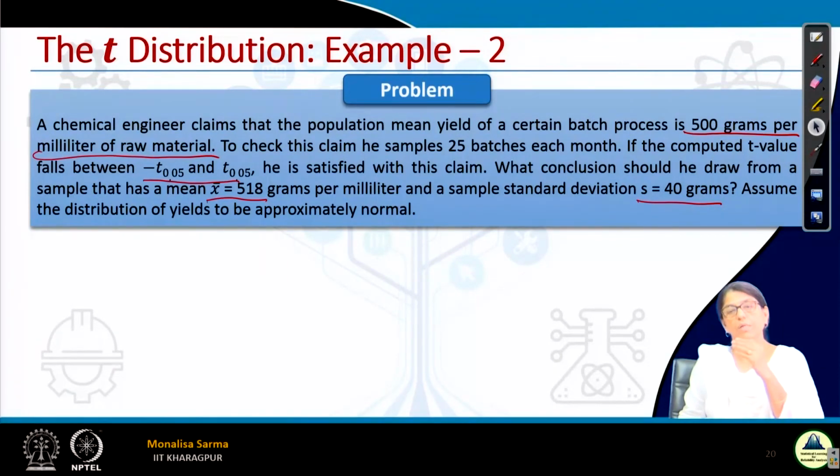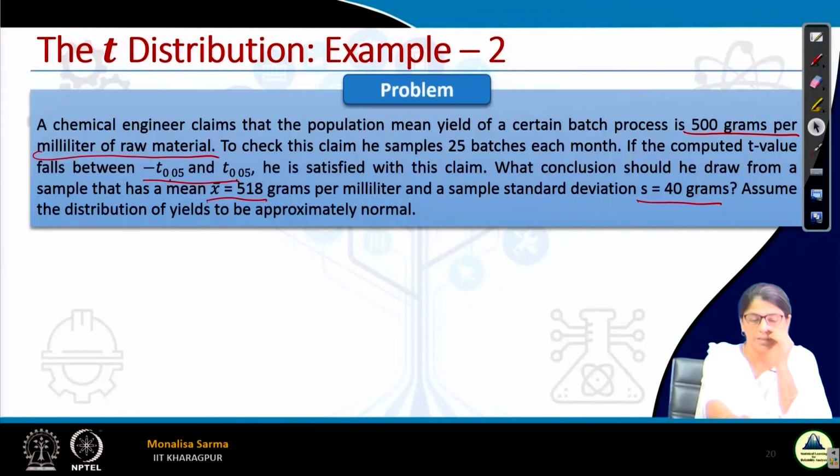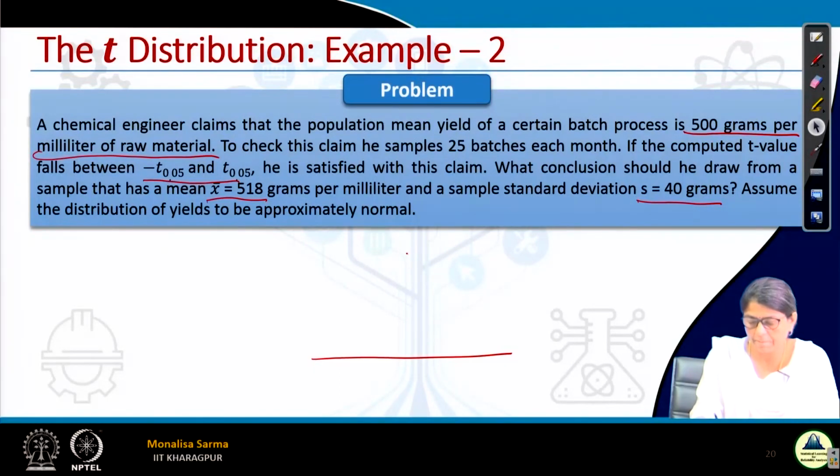So we will have to use the T distribution, because we have the sample standard deviation. Even if it is not given in the data, we will be able to calculate the sample standard deviation. So he will calculate the T value. Now what he is claiming is that if the computed T value falls within this range, what does that mean? Let me draw the figure.